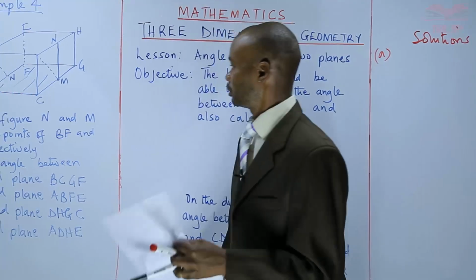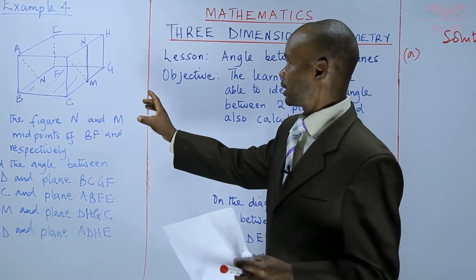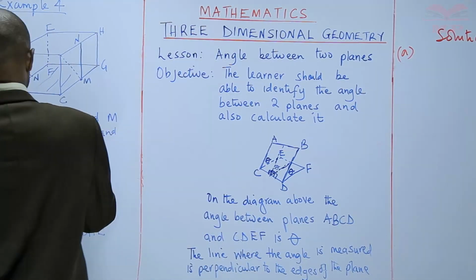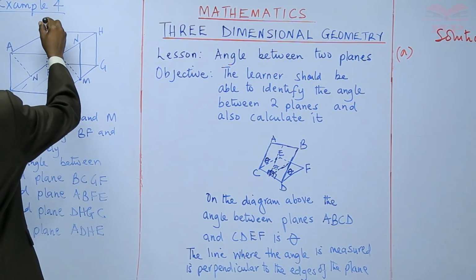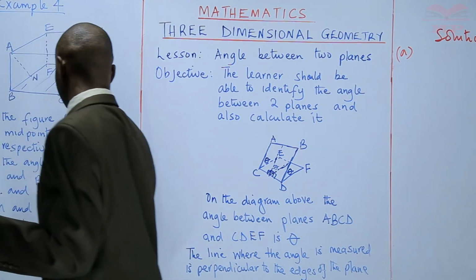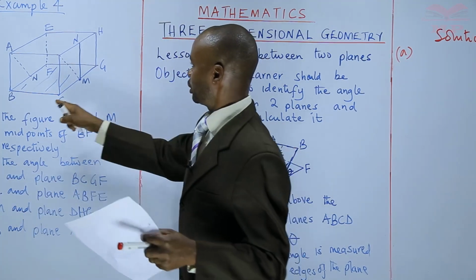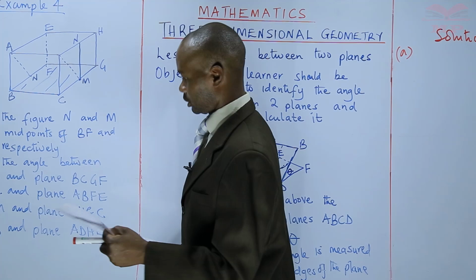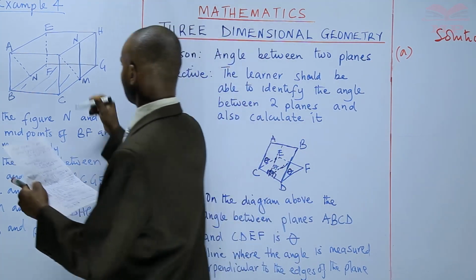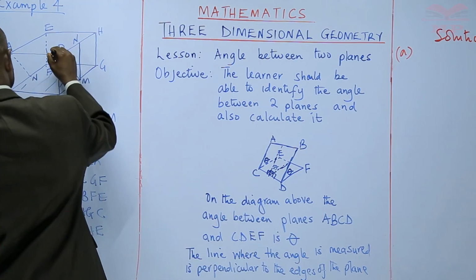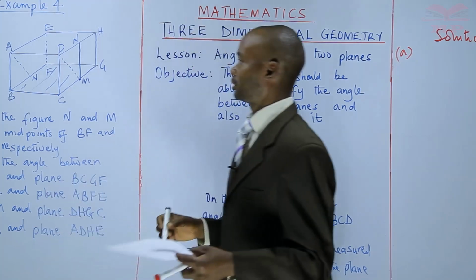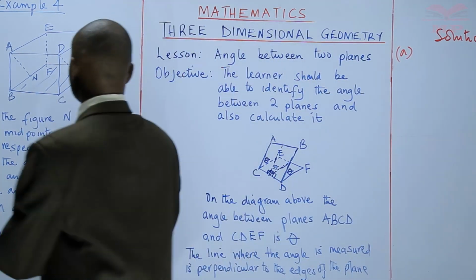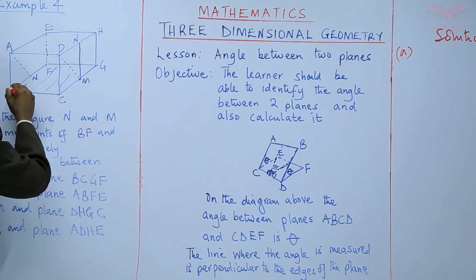So they're talking of BD. Where is BD? My D is here. When you are told that, you should trace that line, BD.